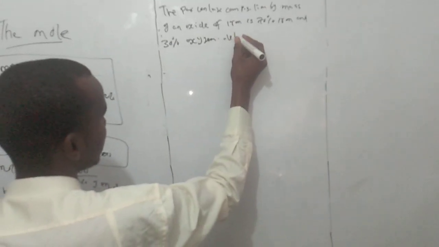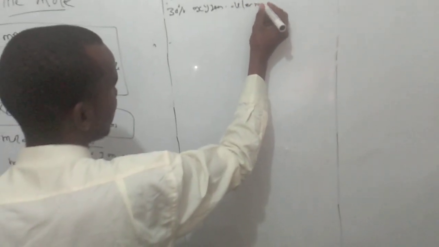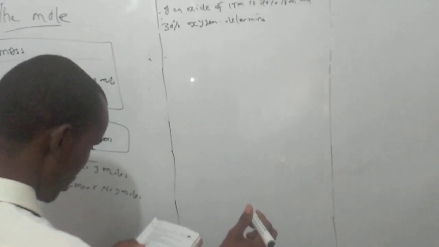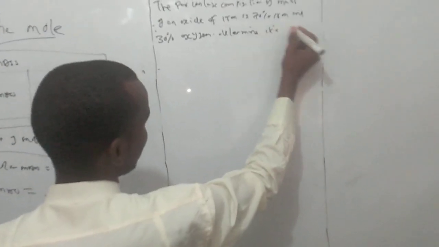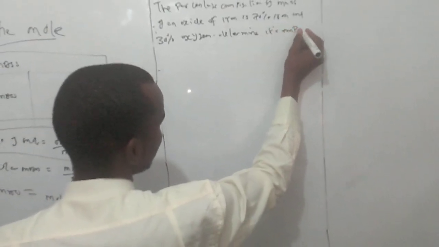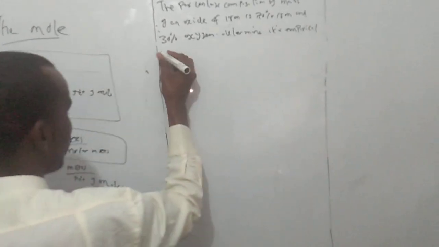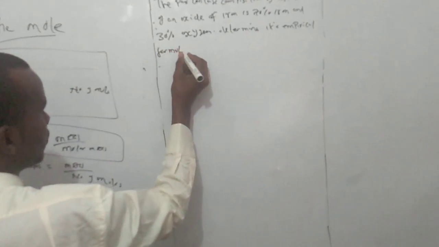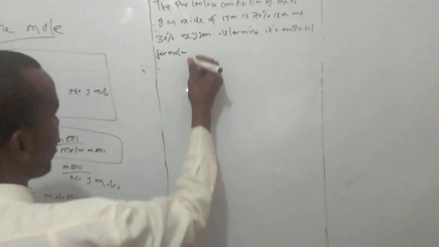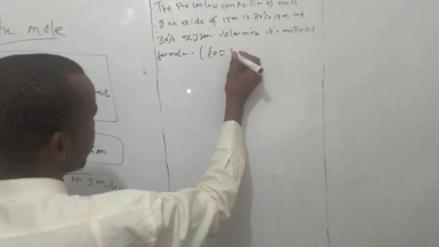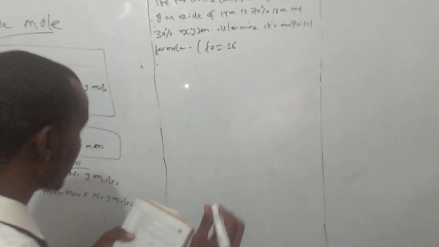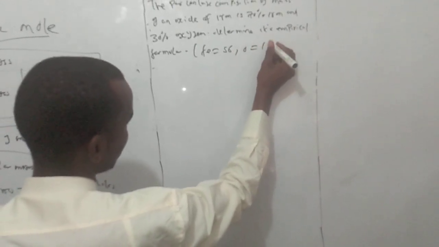Determine its empirical formula. You are told that Fe is equal to 56 and O is equal to 16.